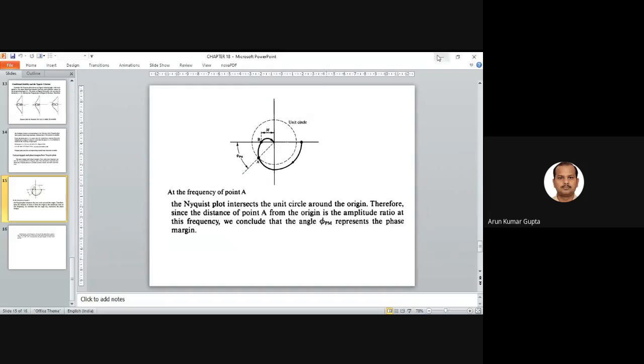Let's wait. Yeah. Can you see this? Okay. I'm showing you some other picture also. Slide 16. Can you see this? Gain margin, phase margin.